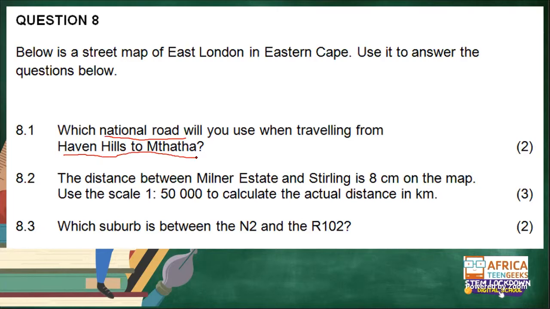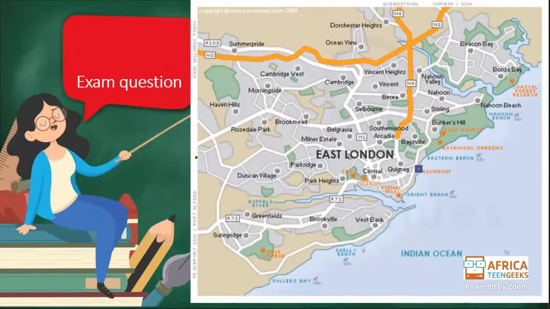It may be hard to see where Heaven Hill is, but let me just show you. There's Heaven Hill. Which national road will you use when you're traveling between Heaven Hill and Mthatha?